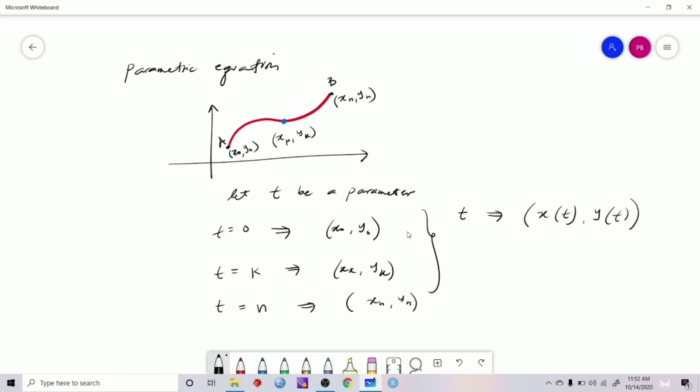So we have t equal to 0, t equal to k, and t equal to n. This is the concept of a parametric equation in R2.